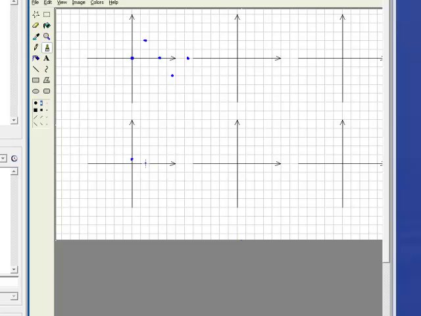Then 1.57 and 0, so we're here. 3.14 and negative 0.5, we're here. 4.7, 3 pi half, that is, and 0, so we're here. Actually, not quite.